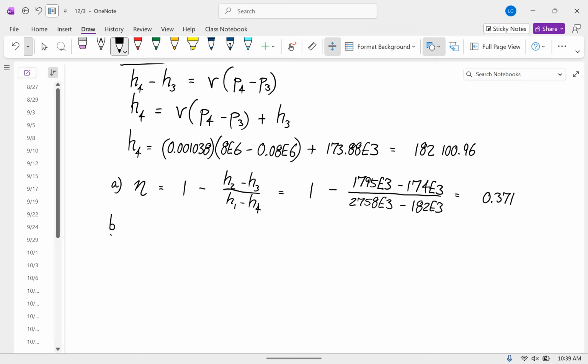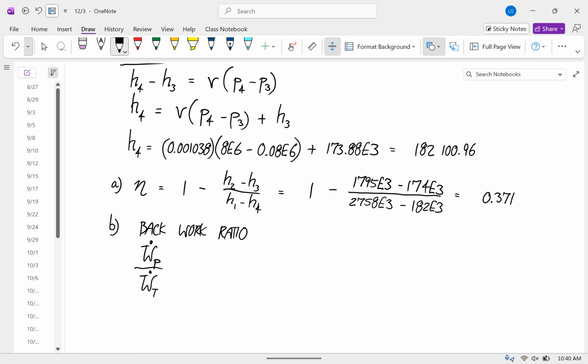Part B, it asks us for the rate of power produced, put into the pump divided by the mass flow rate. Nope. What it asks for is the back work ratio here. So the back work ratio is the rate of work required by the pump divided by the rate of work produced by the turbine.